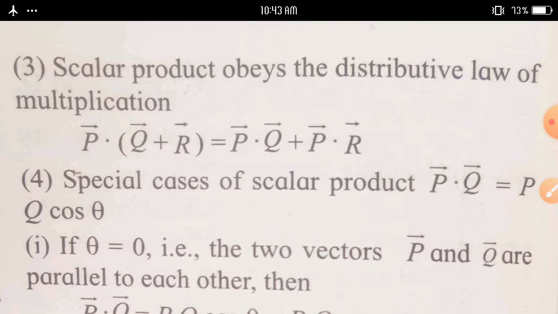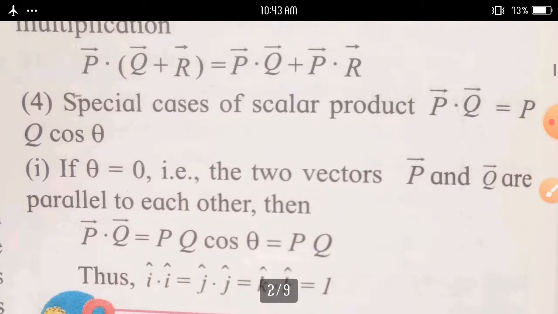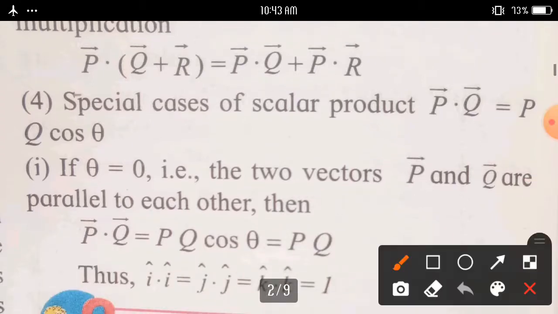Fourth characteristic, the special cases of scalar product: p bar dot q bar is equal to pq cos theta. First case: if theta is equal to 0, cos theta is equal to 1.